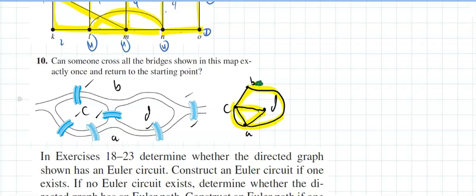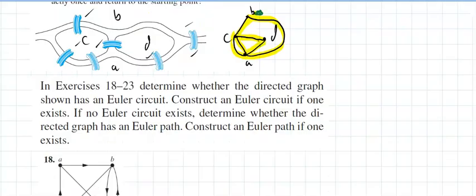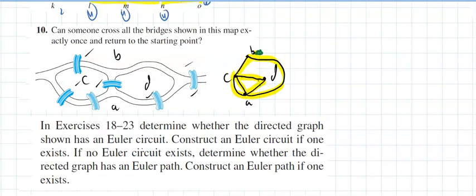So I could have an Euler circuit. Start at A and end at A by tracing each edge exactly once. A to C to B to A to D to C, then to A.